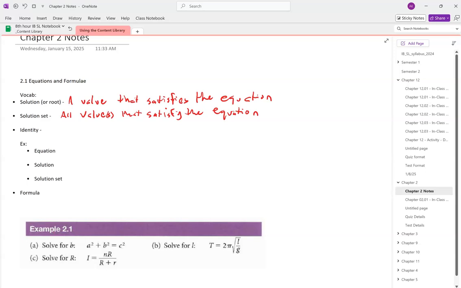What's an identity then? In mathematics, like in trig. Yeah, it's an equation that's true for all values.